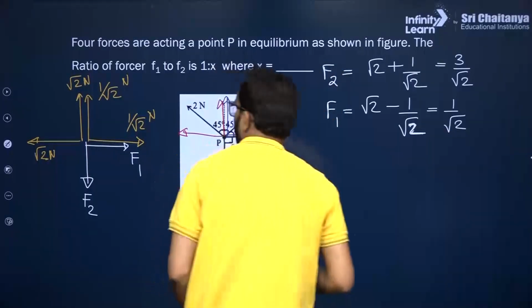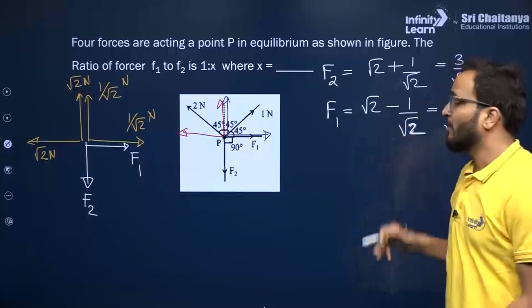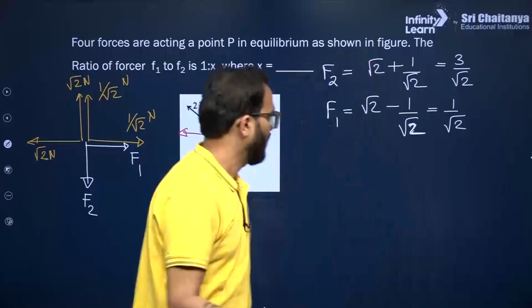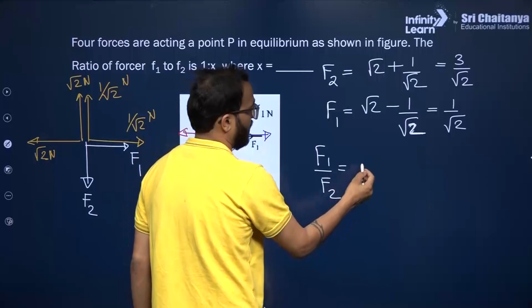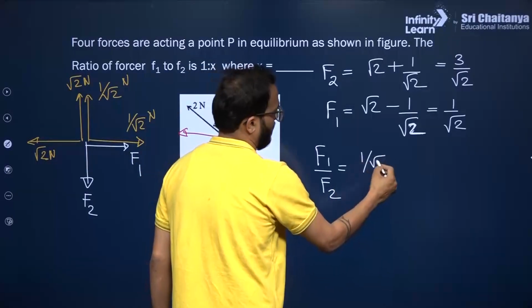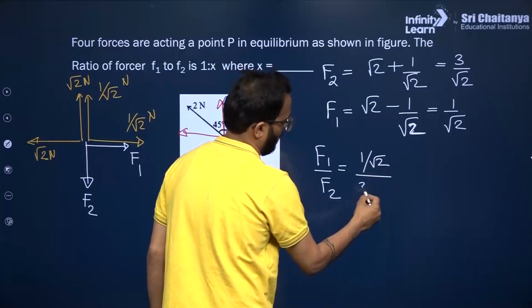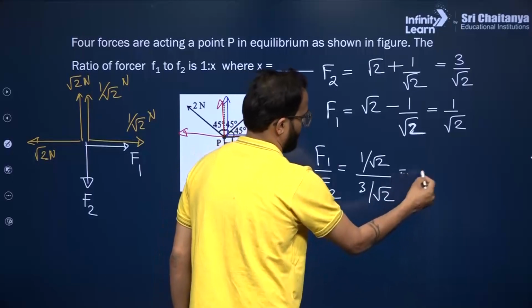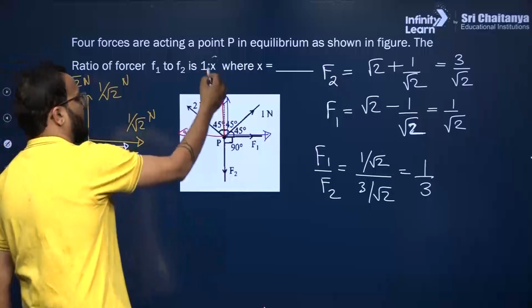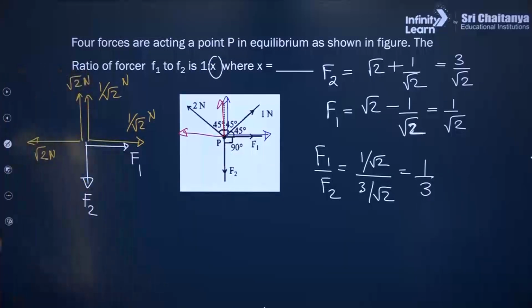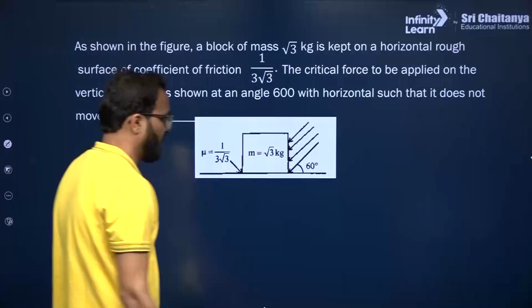Now what they need in the question, they want us to find the ratio F1 is to F2. Clear? So F1 upon F2 will be 1 by root 2 upon 3 by root 2, that is 1:3. Okay, so X will be 3.